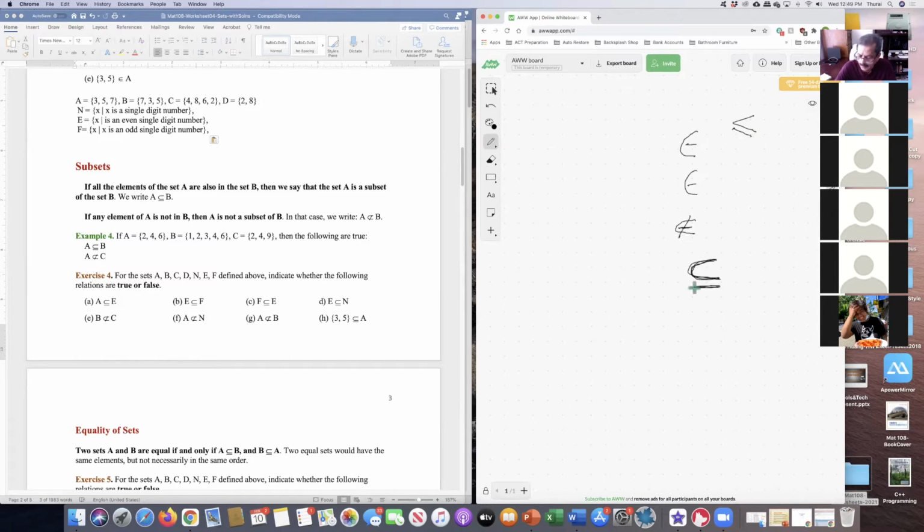So even if A and B are equal, we can still say A is subset of B. If everything in A is in B, then we can say A is subset of B. So that's how we write A subset of B. The subset has to be on the curly side of the symbol. This is a subset of that. Equality is possible. That's what the line underneath means.